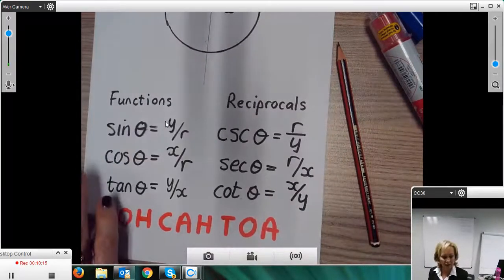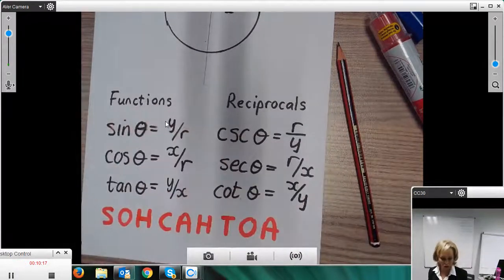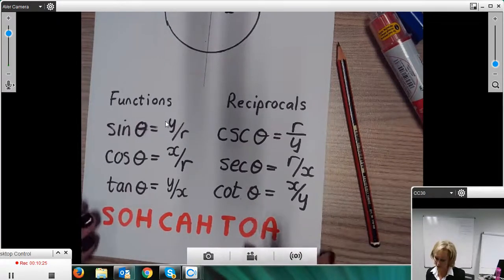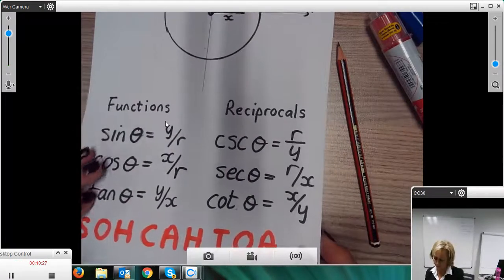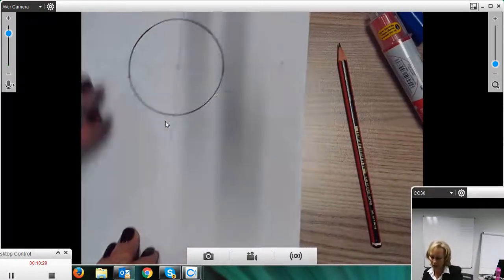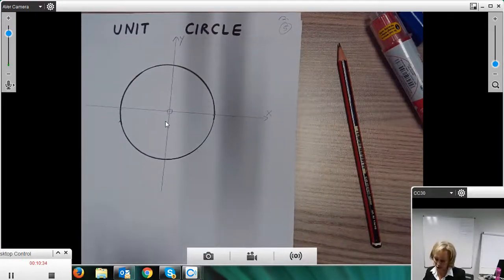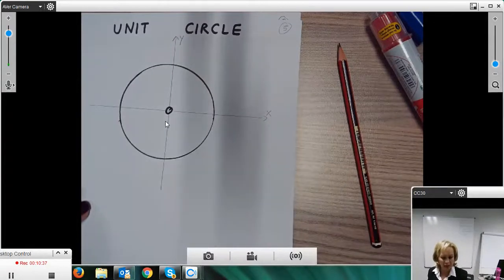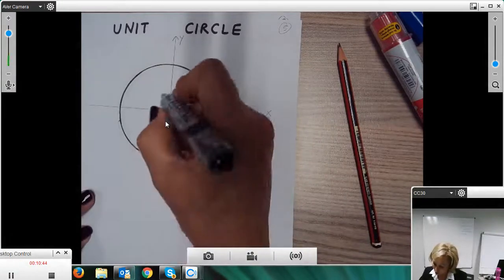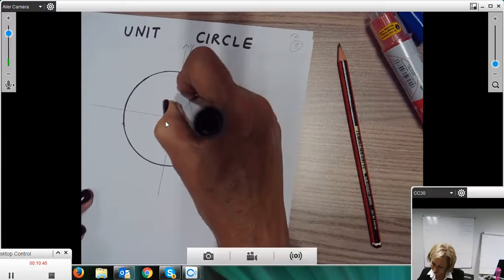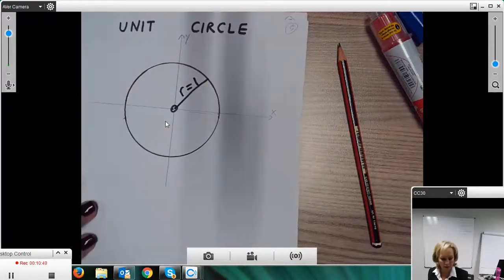So together here we have 6 trig ratios, and these are referred to as the fundamental trig ratios, which you work with in right-angled trigonometry. If you are not working in a circle centered at the origin of radius r units, but if the question refers to the unit circle, as it did in some of your assignments, then we are dealing with a circle whose radius is exactly 1 unit.